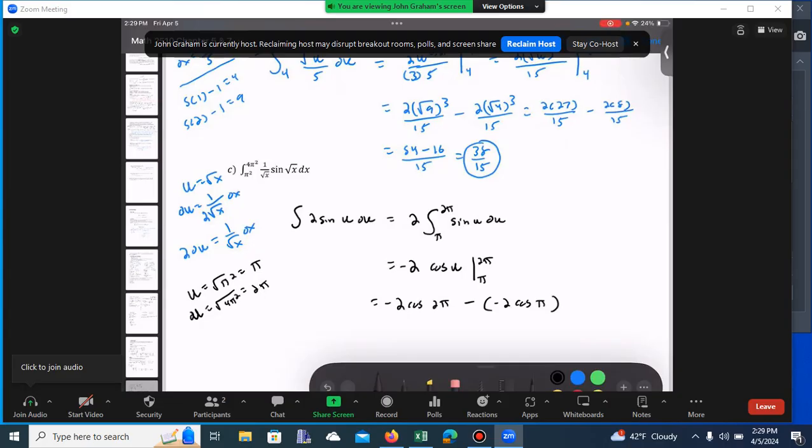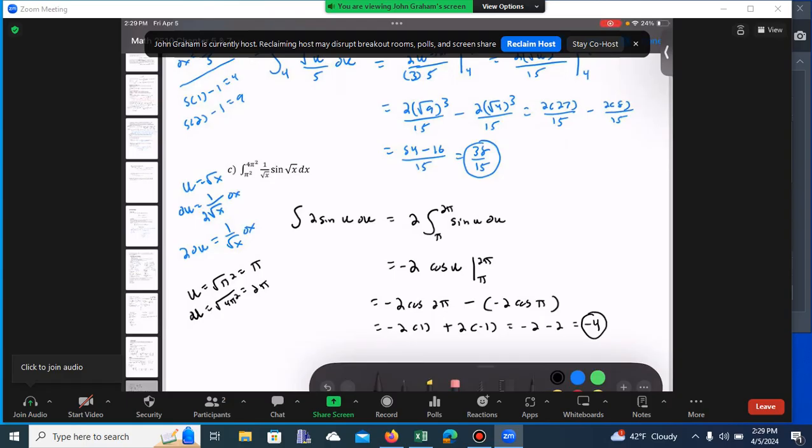So cosine of 2 pi is just 1. So negative 2 times 1, minus, we'll make that plus 2 times cosine of pi, which is negative 1. So minus 2 is negative 4. So that ends up identical there.